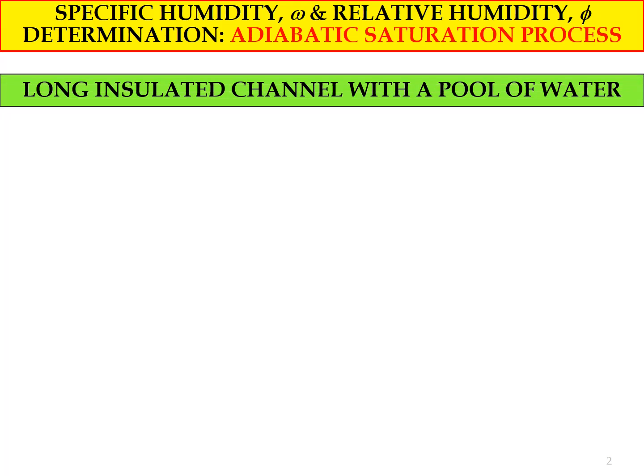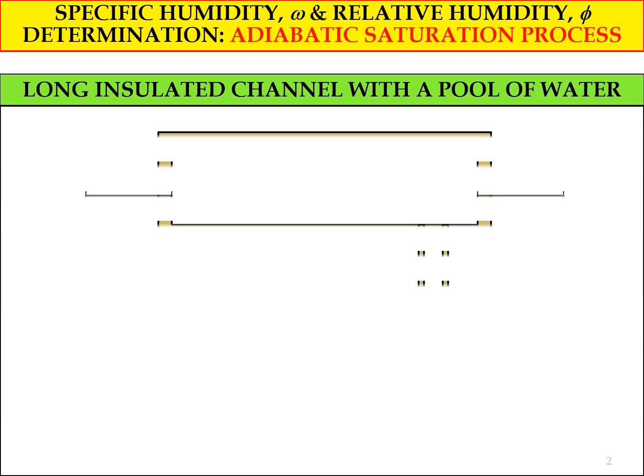Specific humidity omega and also relative humidity psi determination based on the adiabatic saturation process. Now I will explain in detail the adiabatic saturation process in order to determine the value of humidity. For the adiabatic saturation process, we use a long insulated channel with a pool of water.